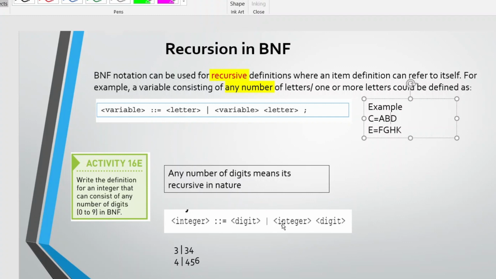And to apply the recursion, we have to use this word integer again over here, because it's calling itself again and again. And then we have to write this word digit in the angle brackets. Now you can write either 3, or 3 4, or you can write a single digit 4, or it can be 4 5 6, any combination.